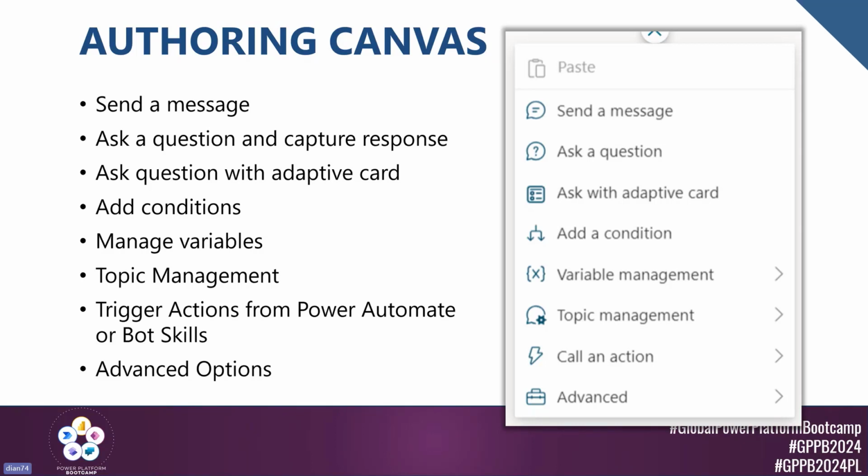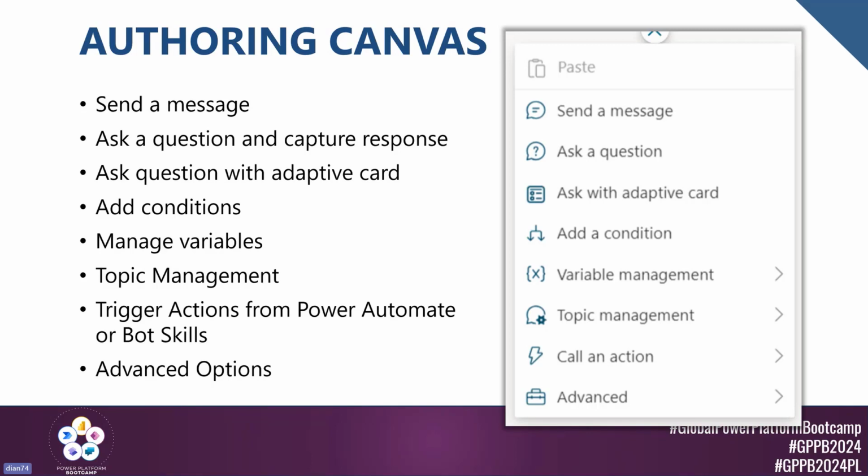We never had this either, not in the way that we can do it right now. We can say, if this, then go here, and this could depend on different things, obviously. We can manage variables. Previously, we had to have a question in order to create a variable, but we don't have to do that right now.